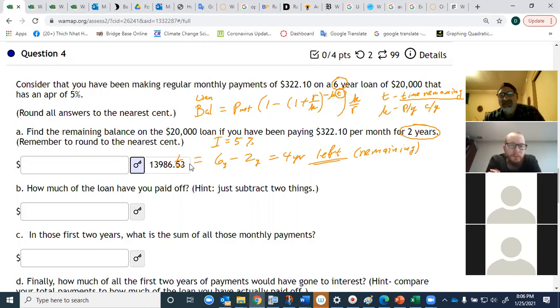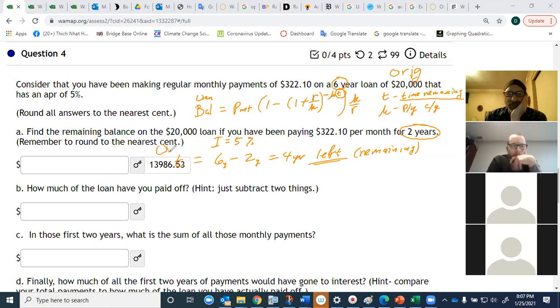So now's where it gets interesting. How much of the loan have you paid off? What two things are you going to subtract? I'll give you a hint. The original value was, you originally owed 20,000. You no longer owe 20,000.